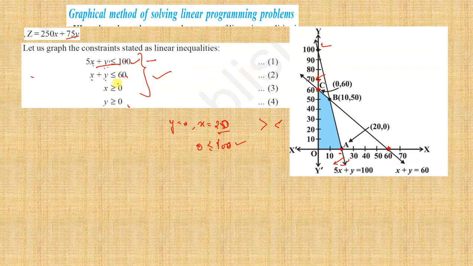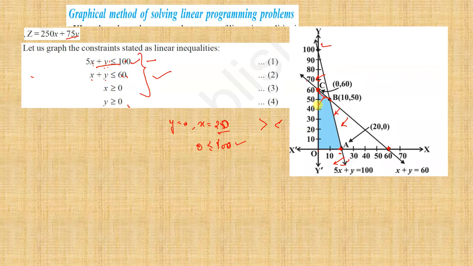For the second line, also 0, 0 satisfies because 0 is less than equal to 60. So the shading of the second line will also be towards the origin. The common part of both the half planes will be this quadrilateral OABC.